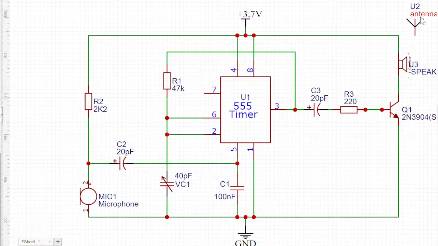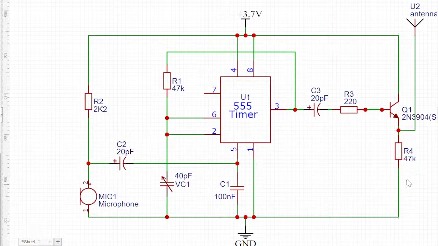Now, if you want to connect an antenna, let's take out the speaker, and then connect one more resistor here. I'm going to connect a resistor here, and connect my antenna up from this point.